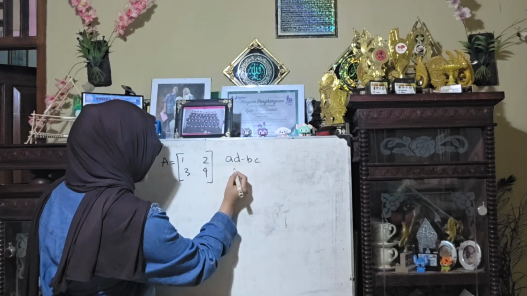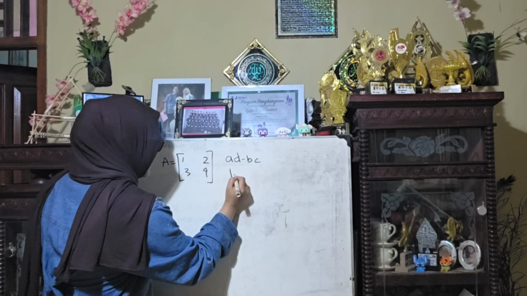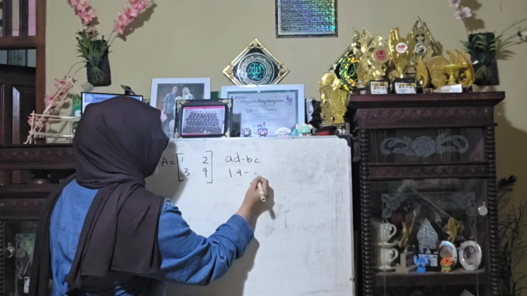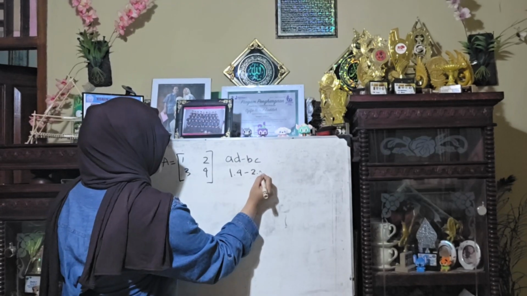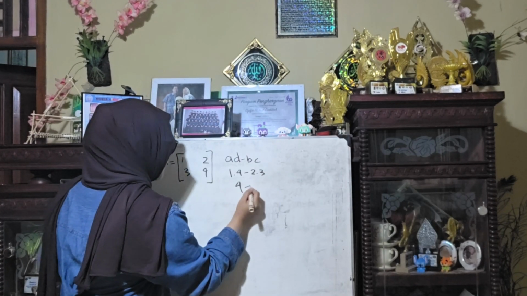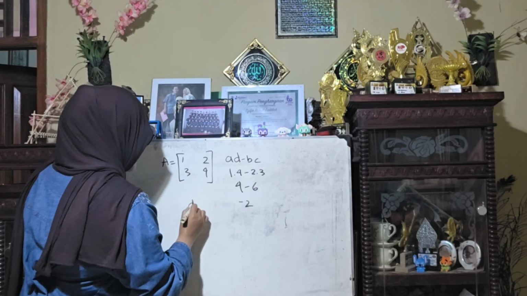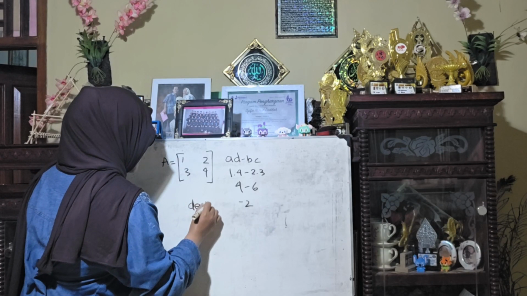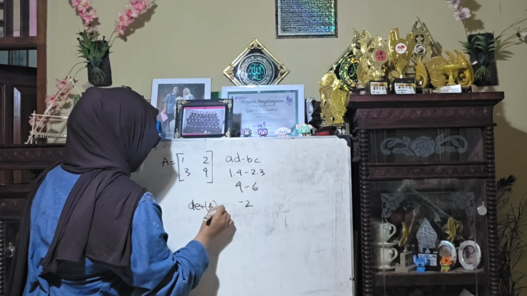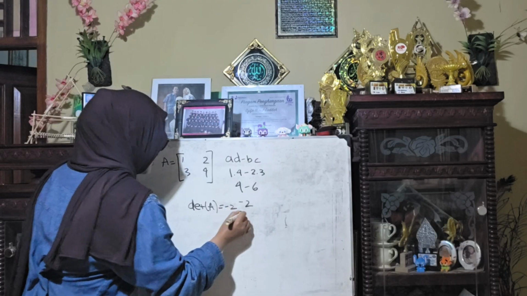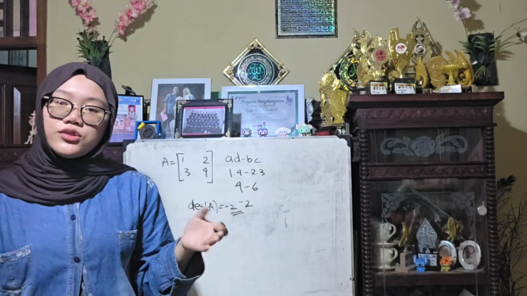Let's calculate this. 1 times 4 minus 2 times 3. 4 minus 6 equals minus 2. And the determinant of A is minus 2, which is not equal to 0.